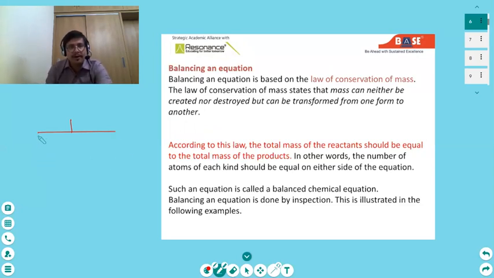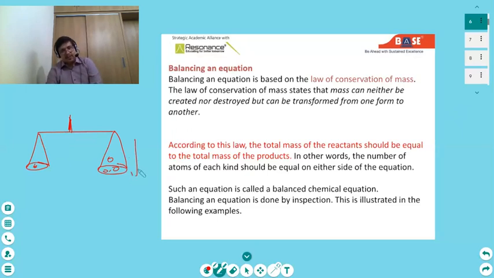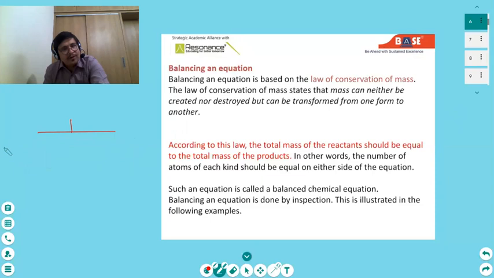So when you go to market and the shopkeeper keeps that 1 kg iron bar here and your mangoes here. If this is in standing position, it is known as balanced. If this is down and this is up, it is unbalanced, or vice versa. So balancing means your left side and right side must be equal. So here also the number of reactant and product must be equal.